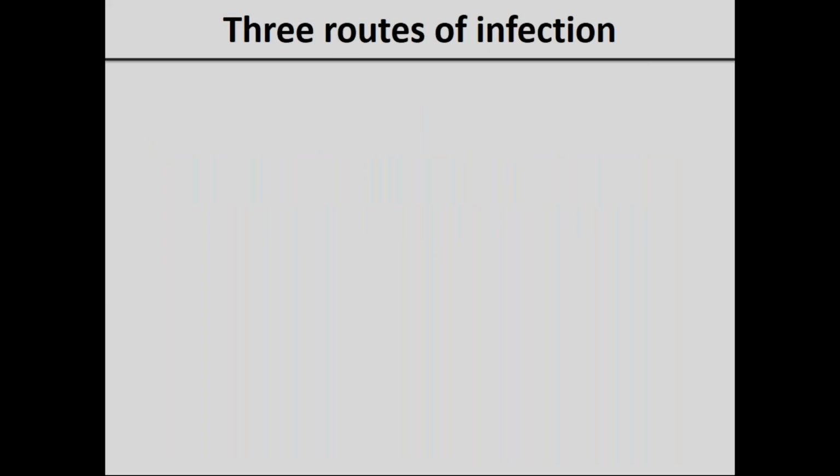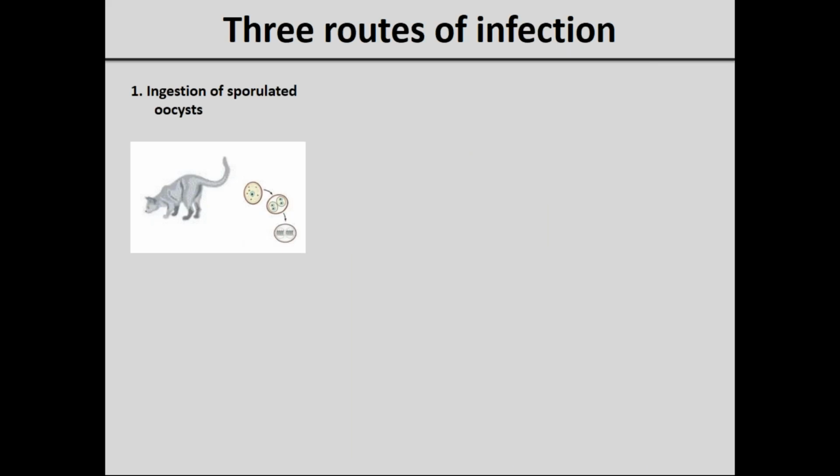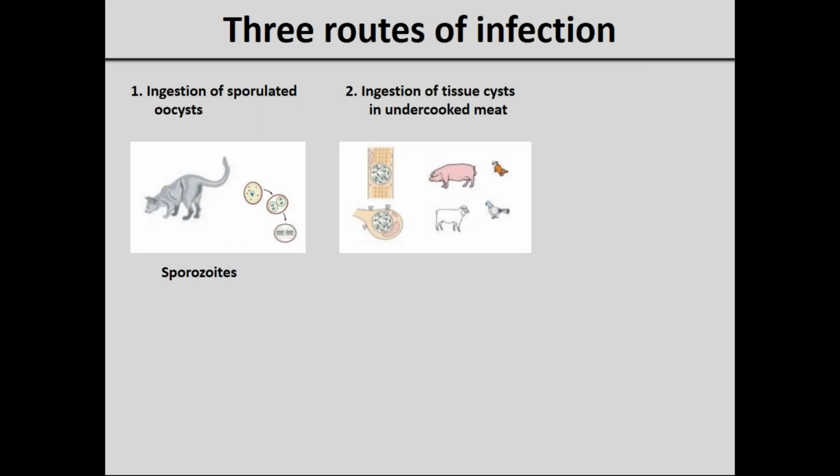There are 3 routes of infection. The first one is via ingestion of sporulated oocysts from the cat. Those contain sporozoites. The second is via ingestion of tissue cysts in undercooked meat. Those contain bradyzoite cysts.